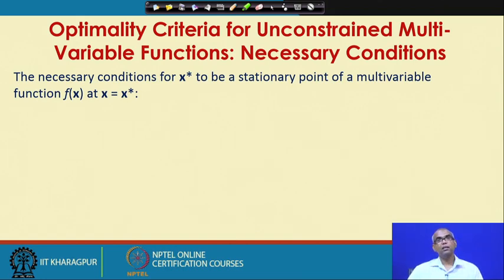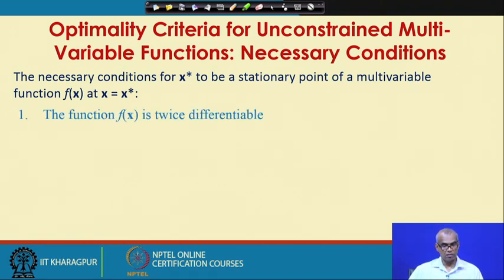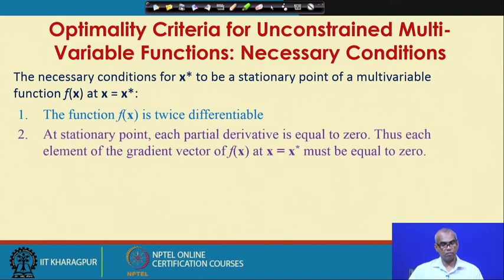Remember that x or x star, they are all n vectors here, because the function f x is now a multivariable function. It has n variables. So, the necessary conditions for x star to be a stationary point of a multivariable function f x at x equal to x star are: the function f x is twice differentiable, at least twice differentiable.